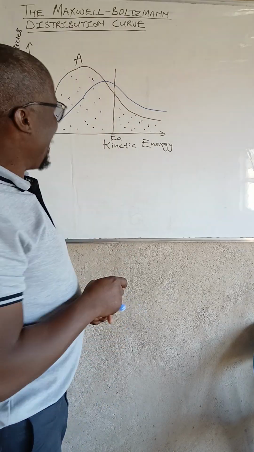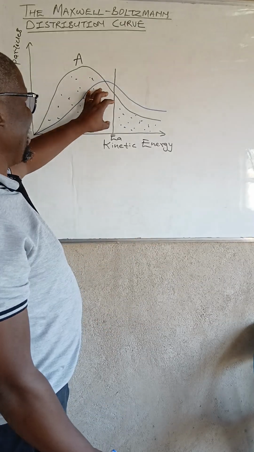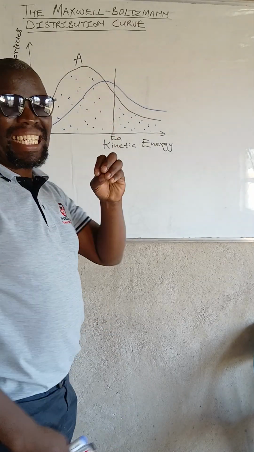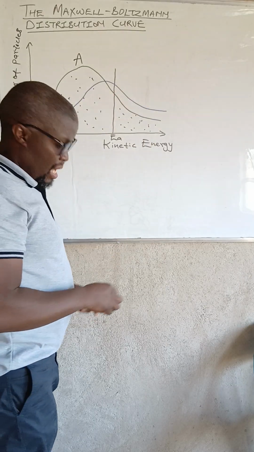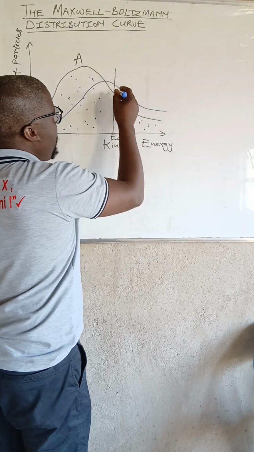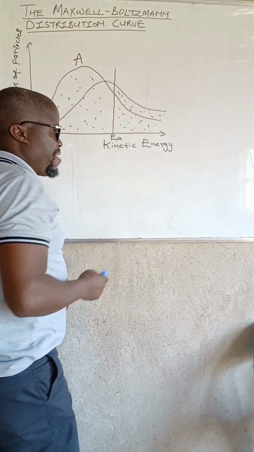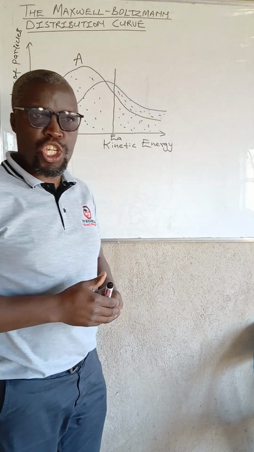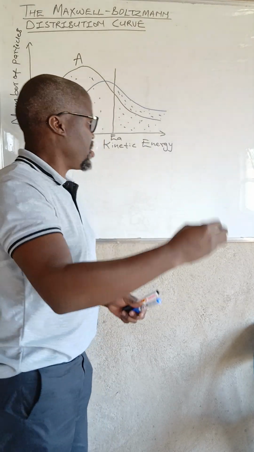Now, what happens is that the number of particles in this region decreases, whereas the number of particles in that region increases. You will now have more particles which will have enough kinetic energy to result in effective collisions.